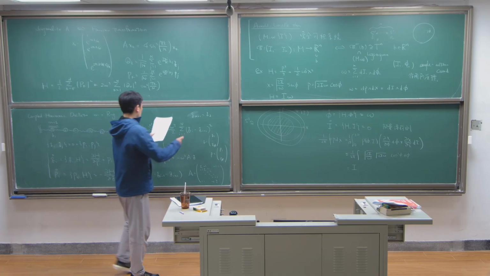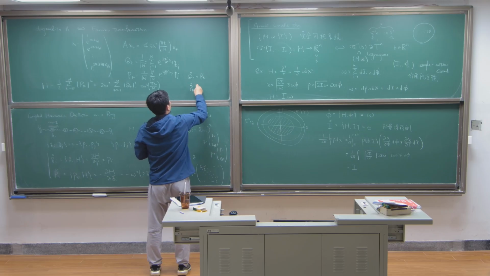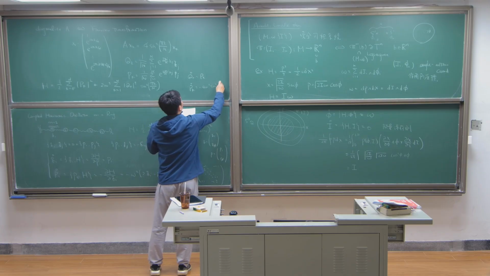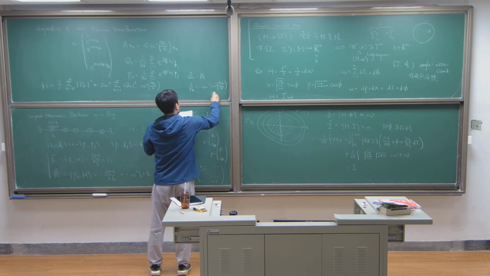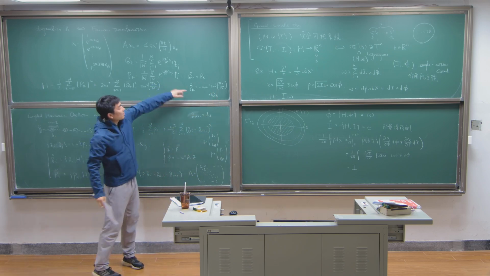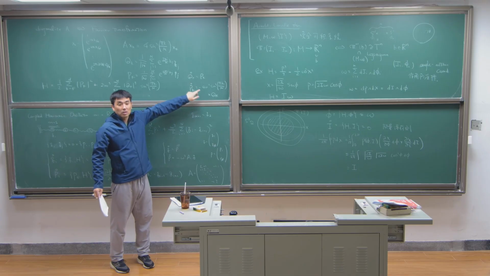So therefore, you can write down the Hamiltonian equation as follows: Q dot k is of course P_k, and here it's much nicer. P dot k becomes just minus 4 omega squared sine squared of pi k over n, times Q_k. So it's now diagonalized, and you can easily solve this equation.